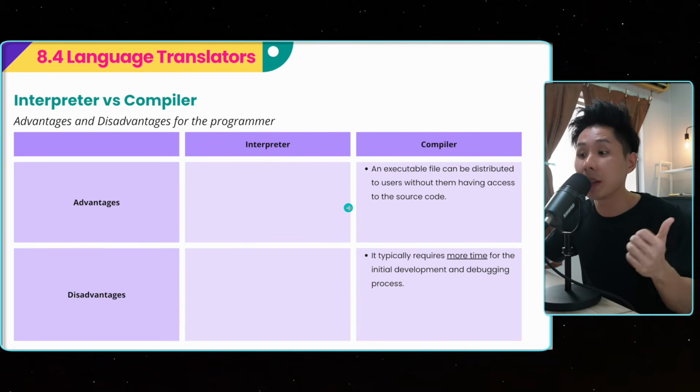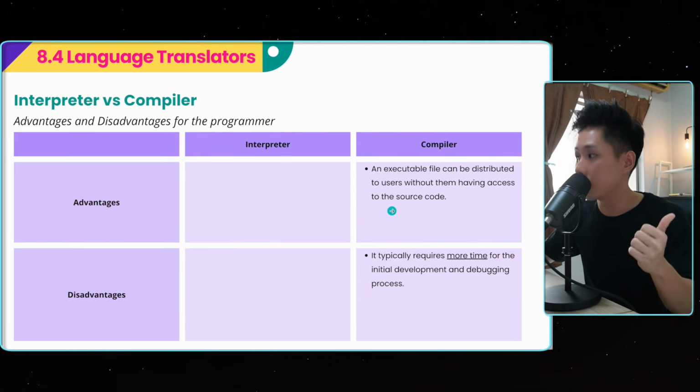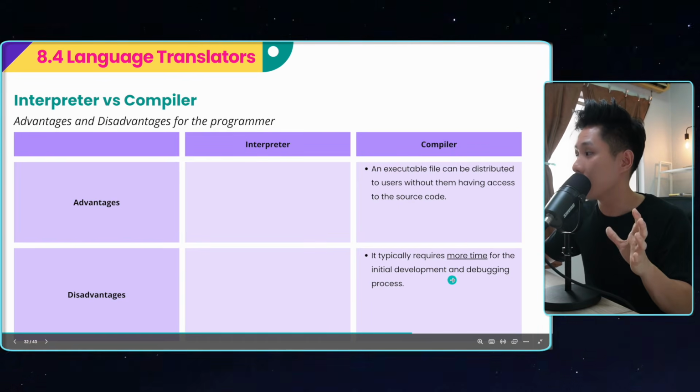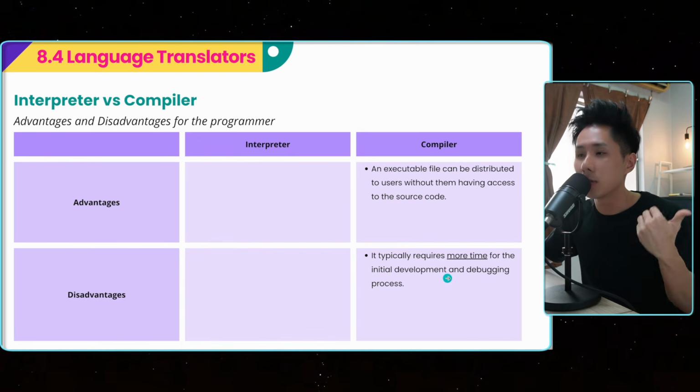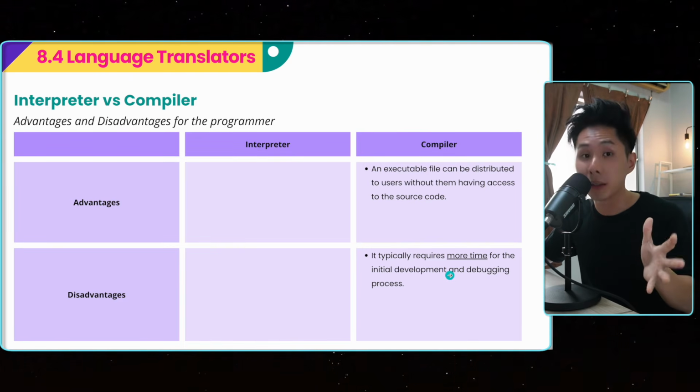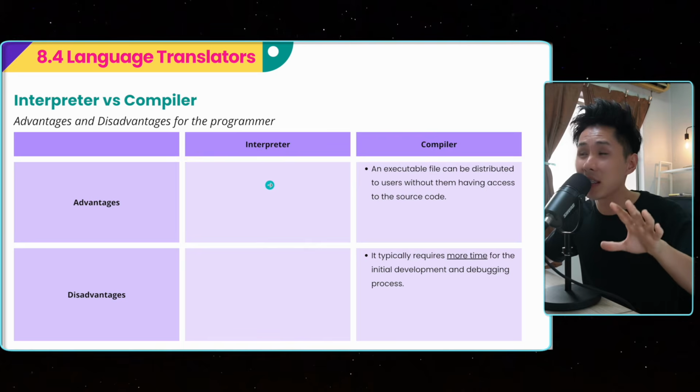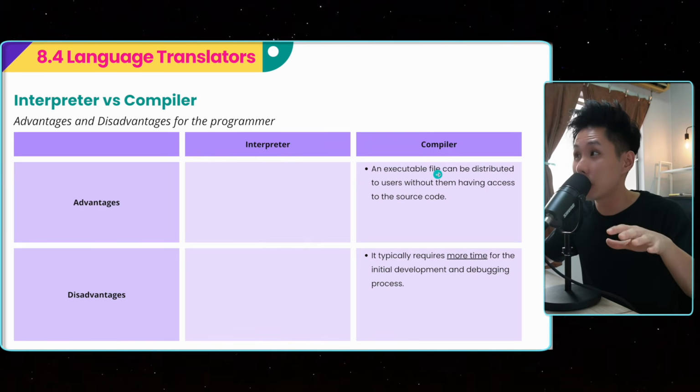So with an interpreter, you must give them the source code, but with a compiler, you don't need to. But as for the compiler, it requires more time for the initial development, meaning it takes more time to write code that requires a compiler. So that's the advantages and disadvantages for the programmer.